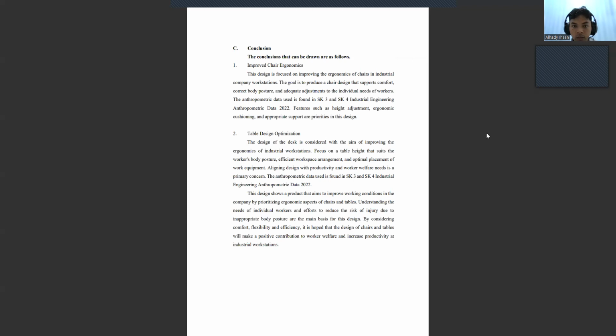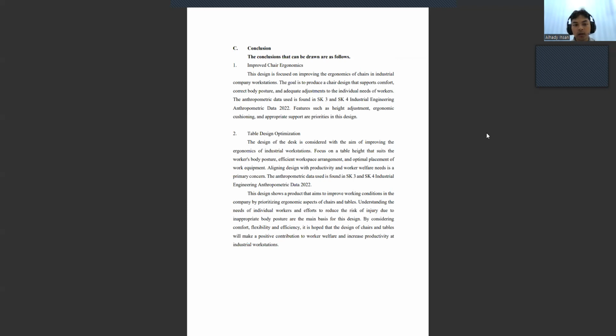The anthropometric data used is found in SK3 and SK4 Industrial Engineering Anthropometric Data 2022. Features such as height adjustment, ergonomic cushioning, and appropriate support are priorities in this design.